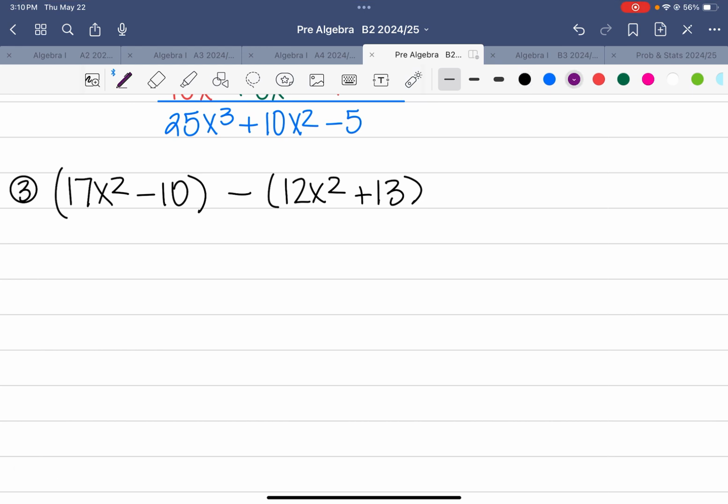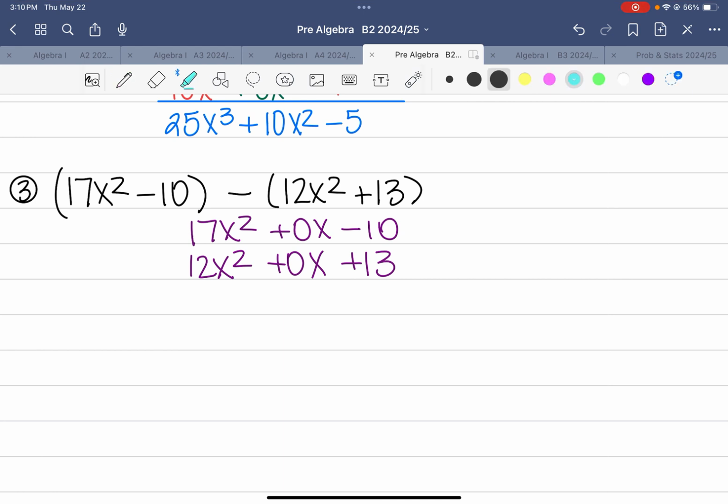They are already in the correct order. So I have 17x squared, I have no x's, and I am subtracting 10. That's my first set of parentheses. My second set, who does that 12x squared go under? My 17x squared, good. I have no x's, but I am going to add 13.